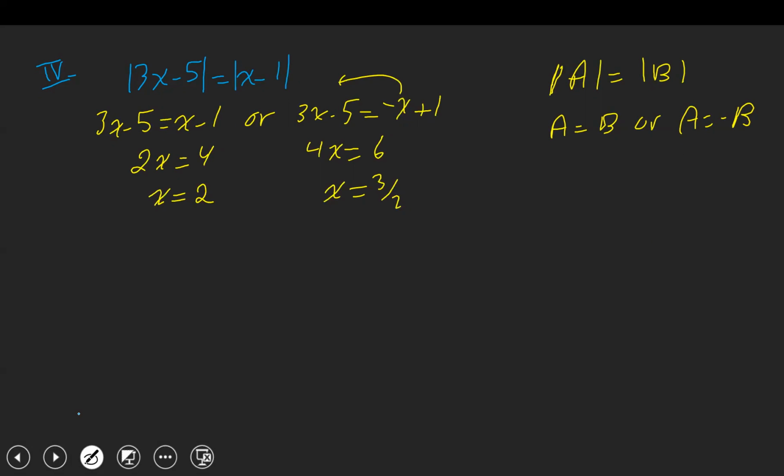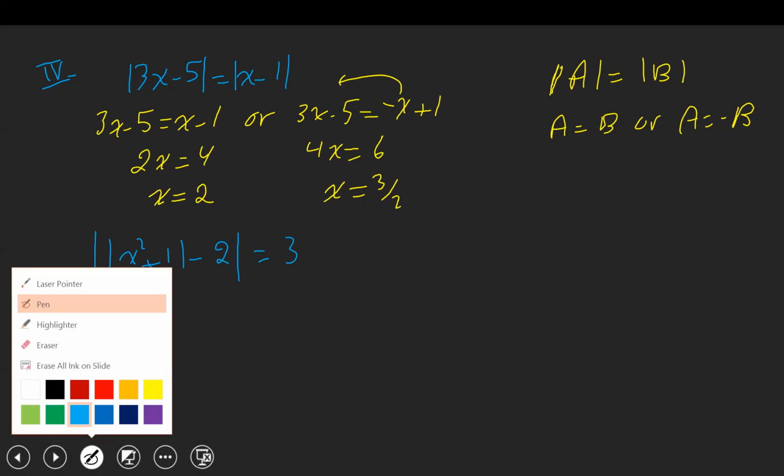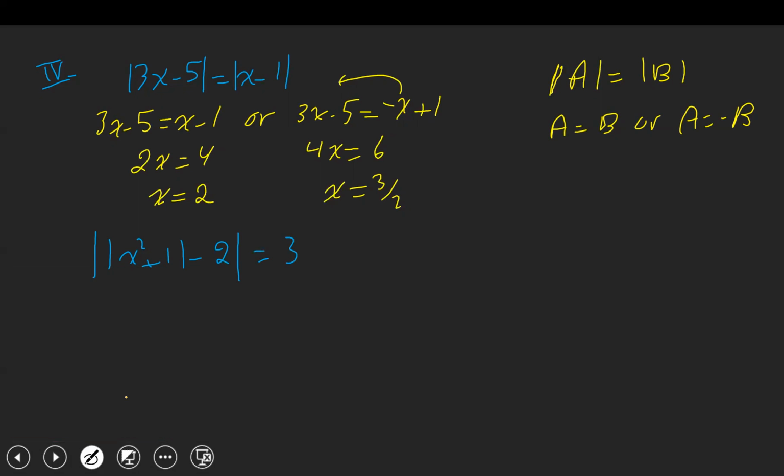What about the second equation? We have x squared plus 1 in absolute minus 2 in another absolute, and here we have a problem. Two absolutes in each other. In fact, here we have a trick. X squared plus 1 inside an absolute value. X squared plus 1 is always a positive quantity. So the absolute of x squared plus 1 is the same as x squared plus 1.